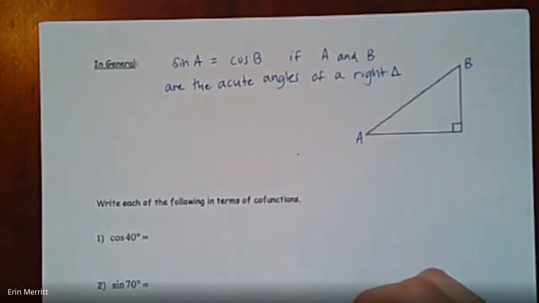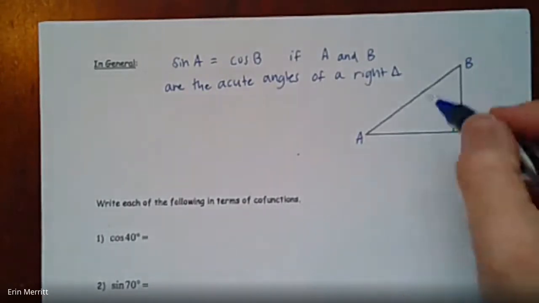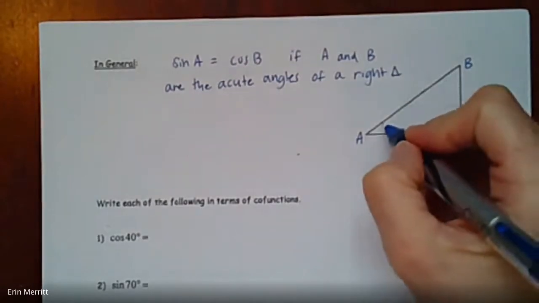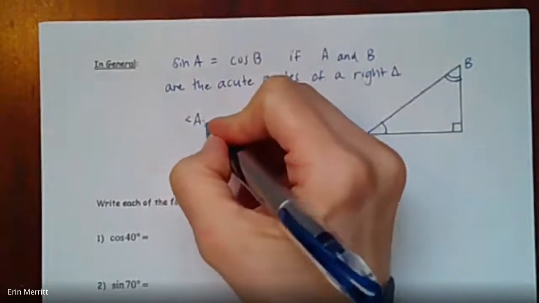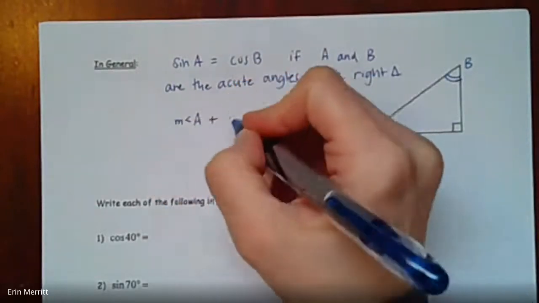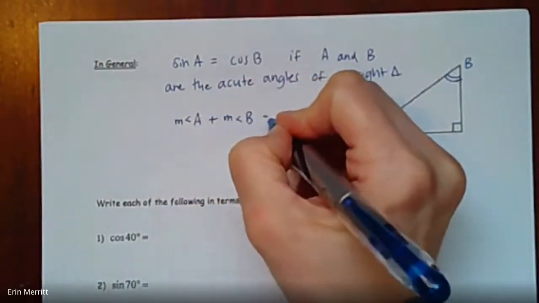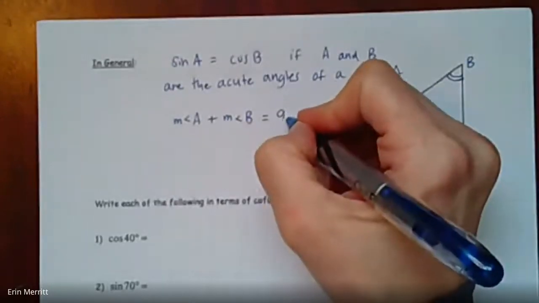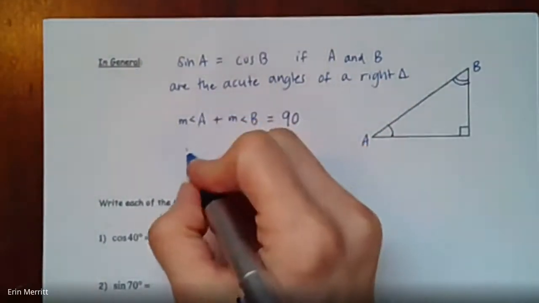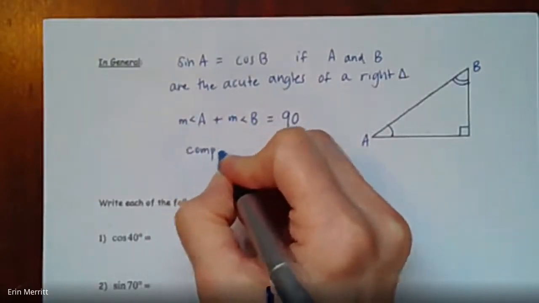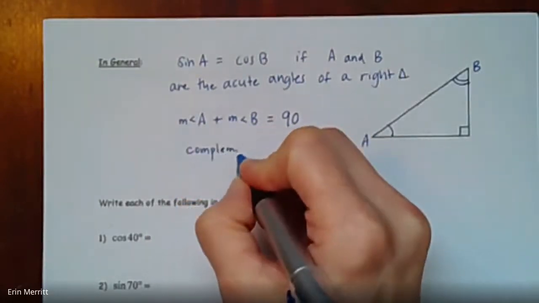And then the other relationship is that because the angles of a triangle add up to 180, the measure of angle A plus the measure of angle B has to equal 90. And when we think about angles that add to 90, the vocab word that should come to mind is complementary angles.